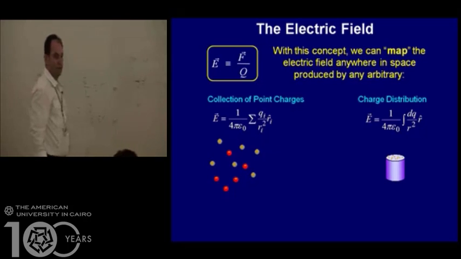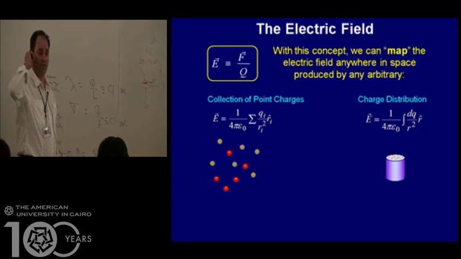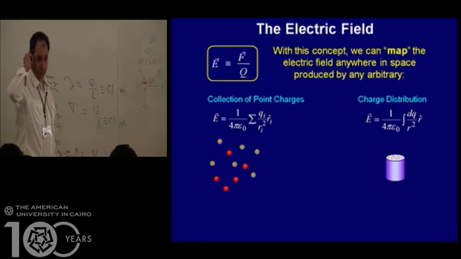Lambda is Q over the entire length of the wire. Excuse me? The part of the wire. What did you say? Lambda equals the charge of the entire length of the wire.